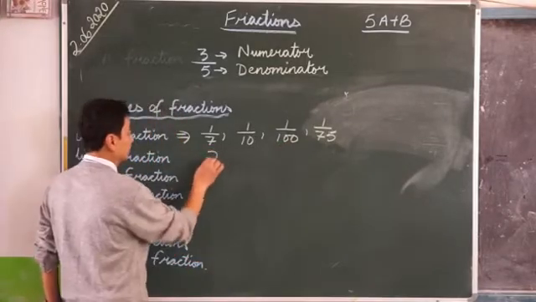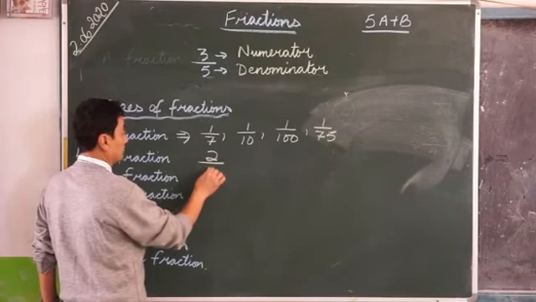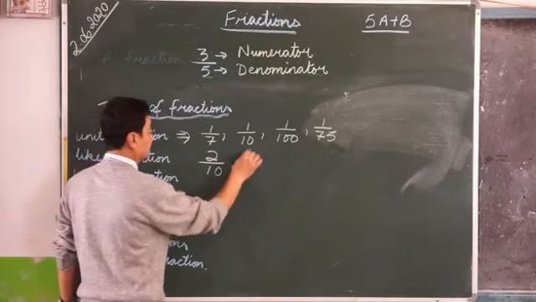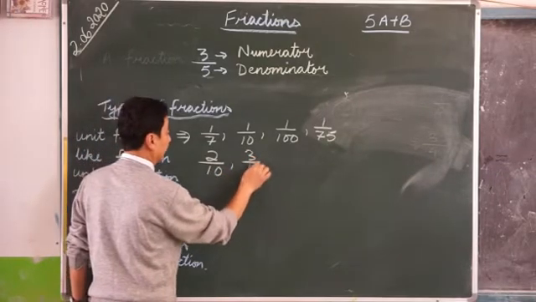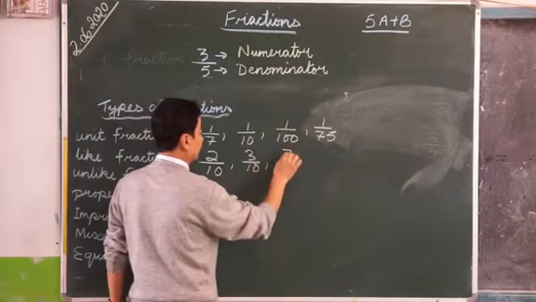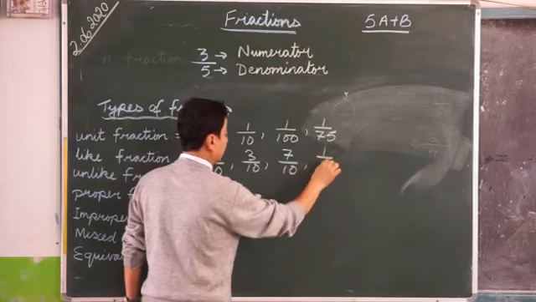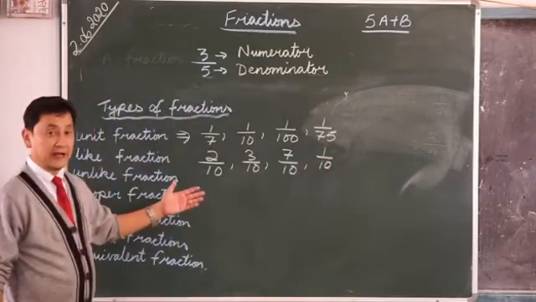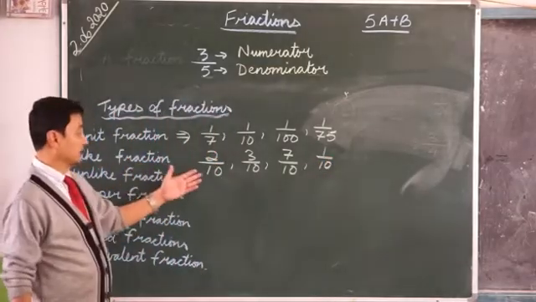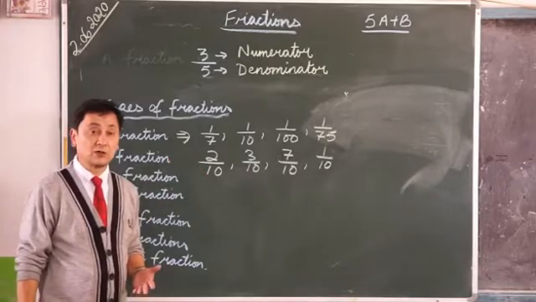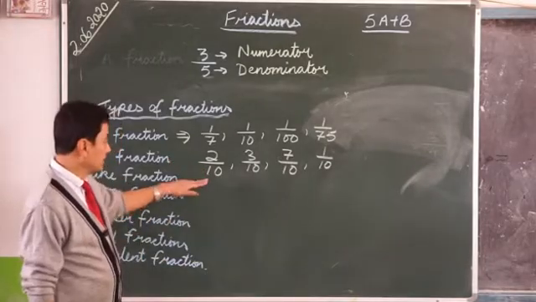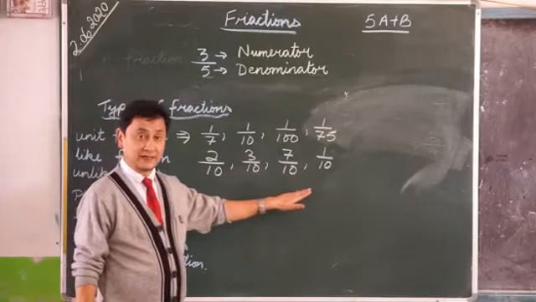So you can have 2 upon 10, 3 upon 10, 7 upon 10, 1 upon 10. These are known as like fractions. And in like fractions, what is the same? All the denominators are the same.